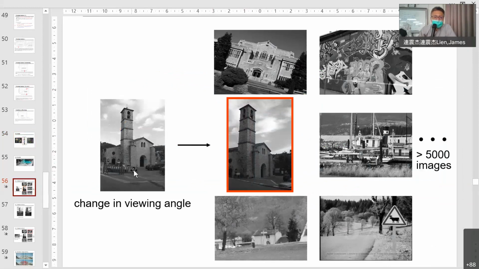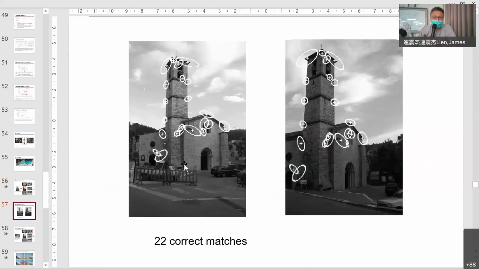What kind of application is this? Even if you take a photo of this, these are all the corners. This is the ellipse. A bigger ellipse means a bigger eigenvalue, meaning bigger alpha and beta.